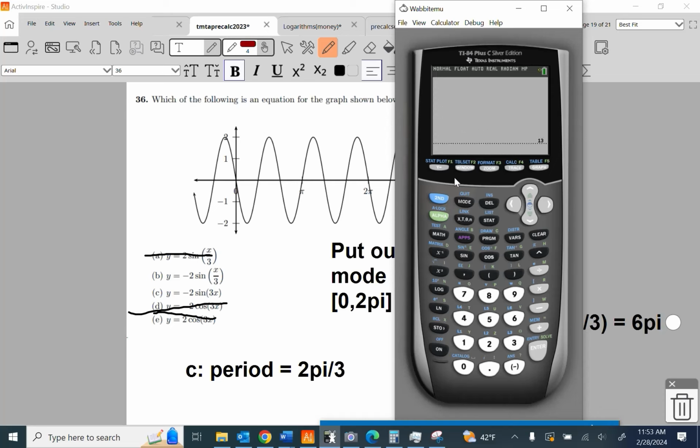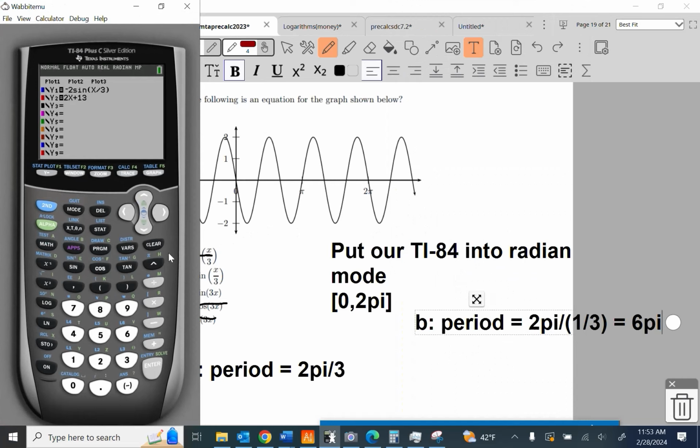Go to y equals -2 sin of x over 3. Let's clear that out. I'm going to play with the window. Let me do a zoom 6 first because I don't know what I did last in this calculator. But in order to see the graph that they have, I'm going to have to adjust some window settings. I'm also going to adjust the y min to be -2, the y max to be 2.